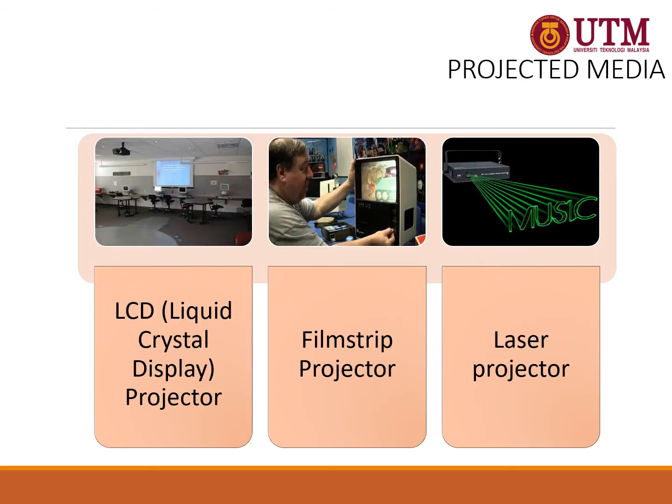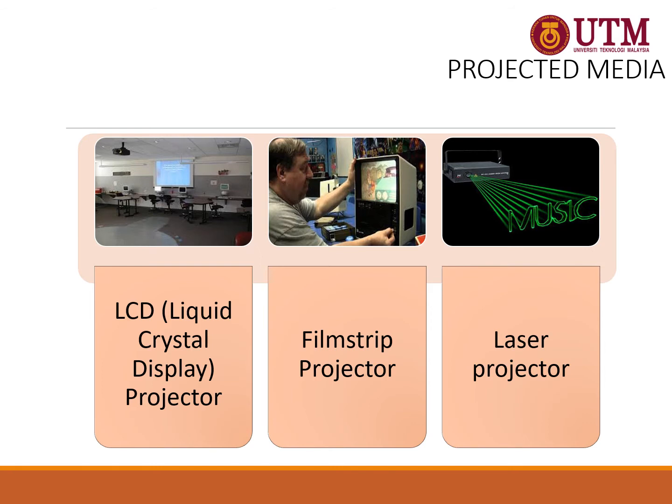Then we have the very famous device, the LCD, which is a liquid crystal display projector that is nowadays used in almost every educational institution. And then we have the film strip projector, and the same idea, it's for film projection.